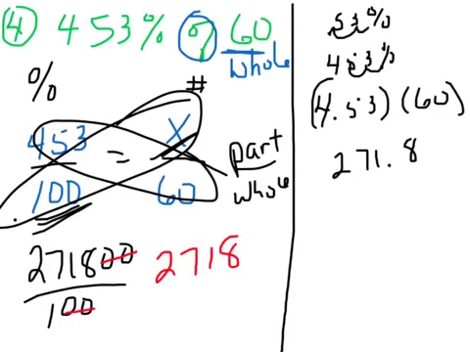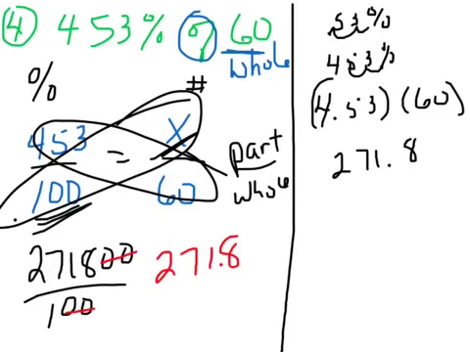So something's gone wrong here. Let's look at this. 453%, 453 over 100. That's correct. 60 is my whole. Let me multiply my numbers again. 453 times 60 equals 27180. Divide by 100. We get 271.8. I don't know what I was thinking. Oh, I know what I did.